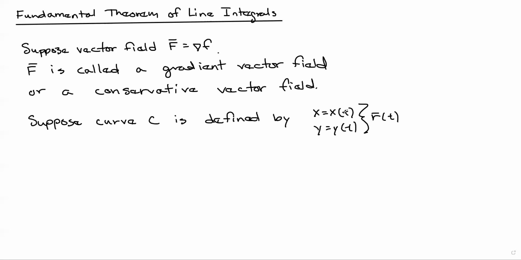So that would be x of t i plus y of t j if you did that. And then that curve is defined from A to B. And so because we have these end values for t, we could take those end values and plug them into our parametric equations or our vector function, and we could get endpoints.